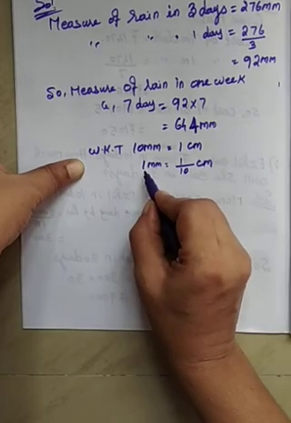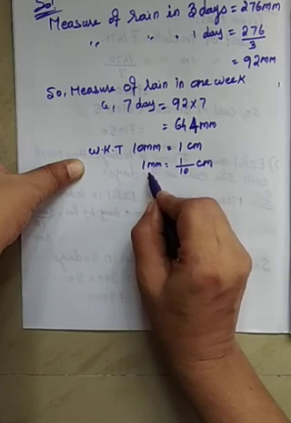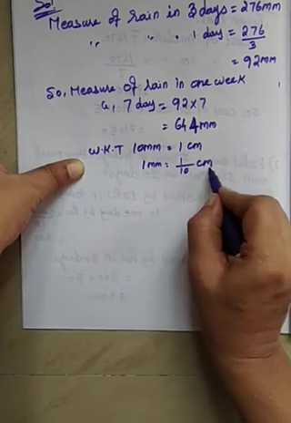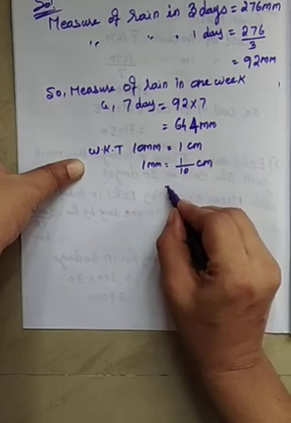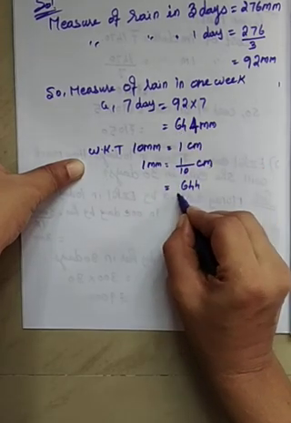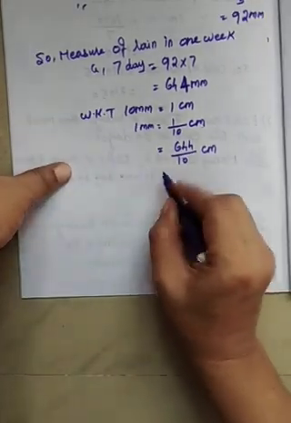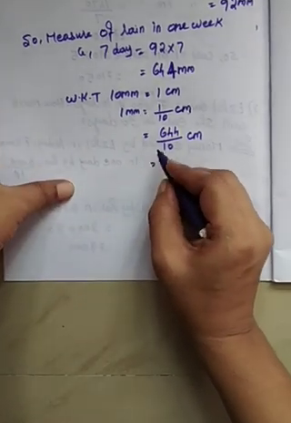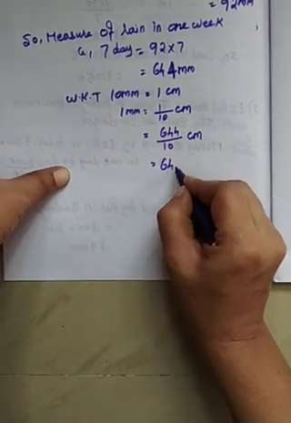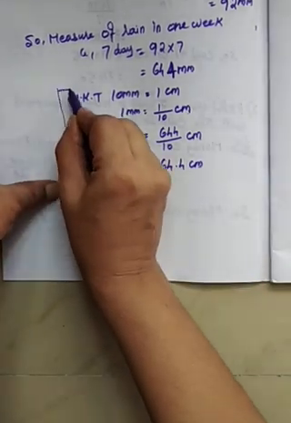So 2 millimeter equal to 2 by 10 centimeter. 5 millimeter equal to 5 by 10 centimeter. So here, 644 millimeter equal to 644 by 10 centimeter. So what will you get? 644 by 10 means you can write 64.4 centimeter, right? This is your answer.